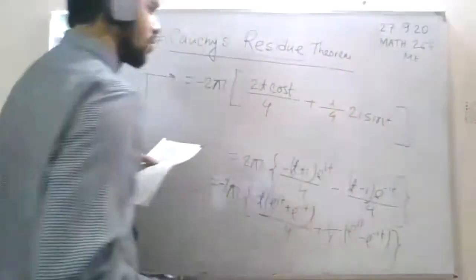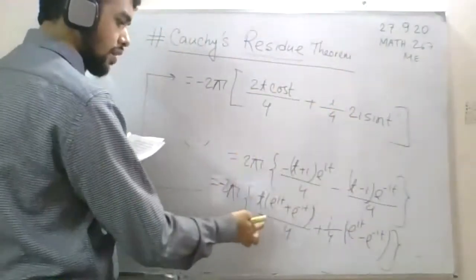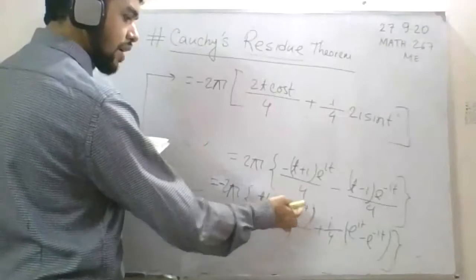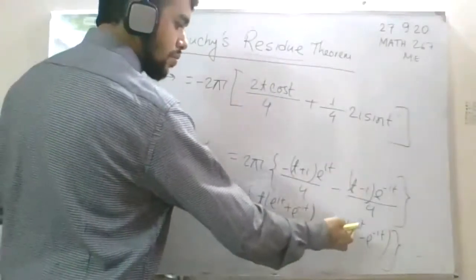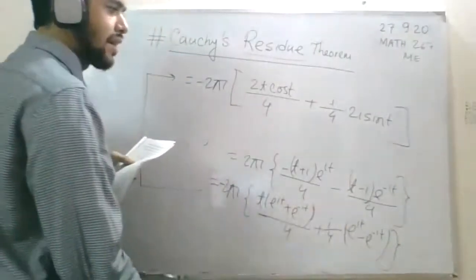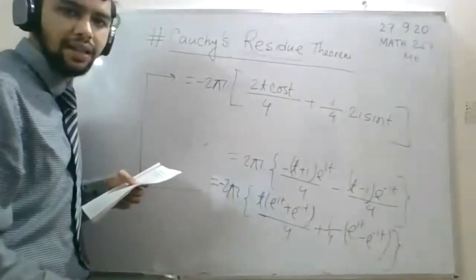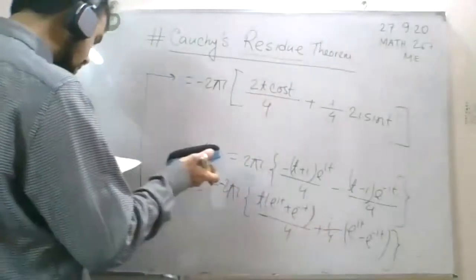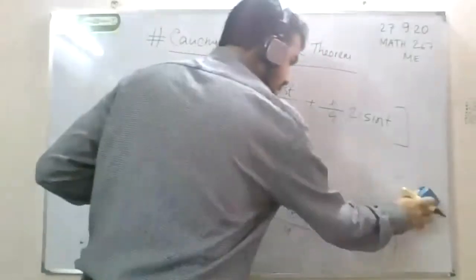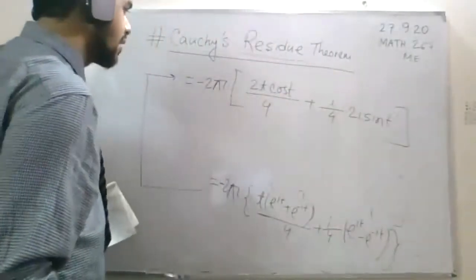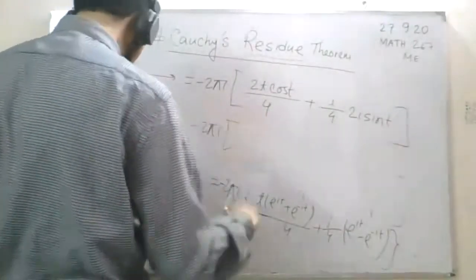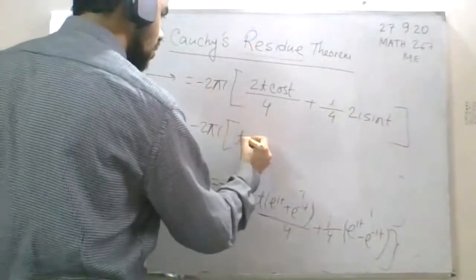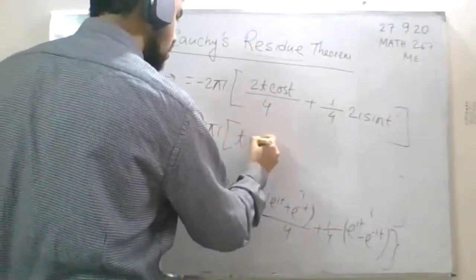So this is our formula, which means e to the power it plus e to the power minus it is 2 cos t, and e to the power it minus e to the power minus it is 2I sine t. Okay, this is the formula. After that, just simplify this thing. You can get your required result, which is minus 2 pi I, and here this is our cos t.